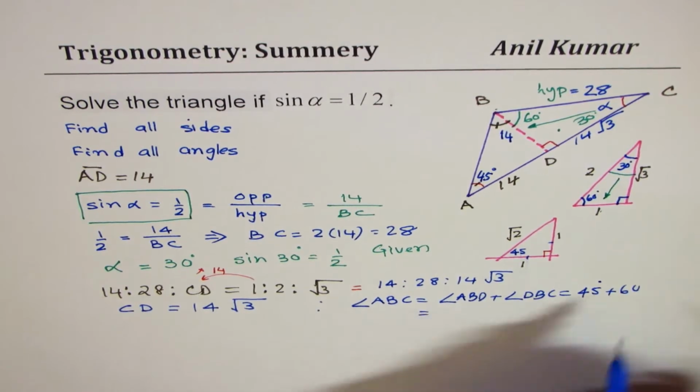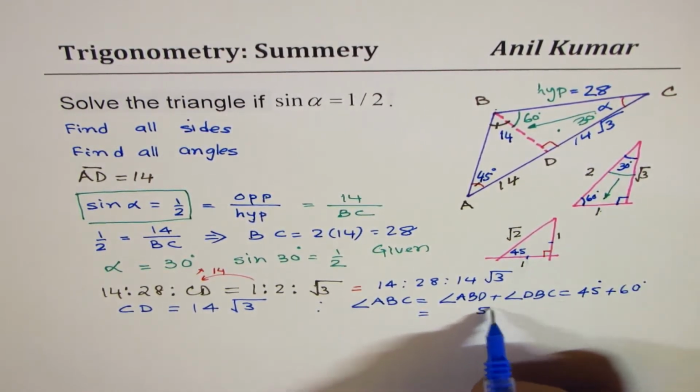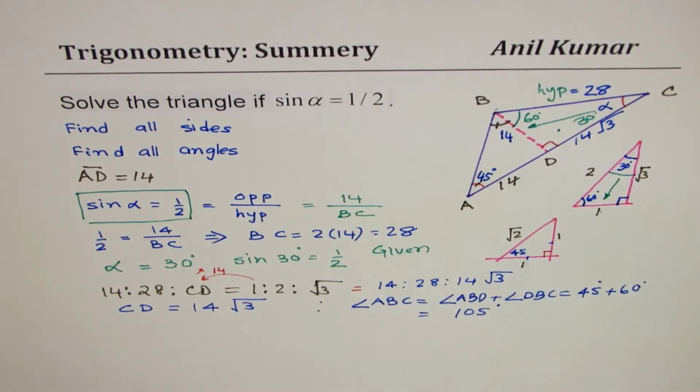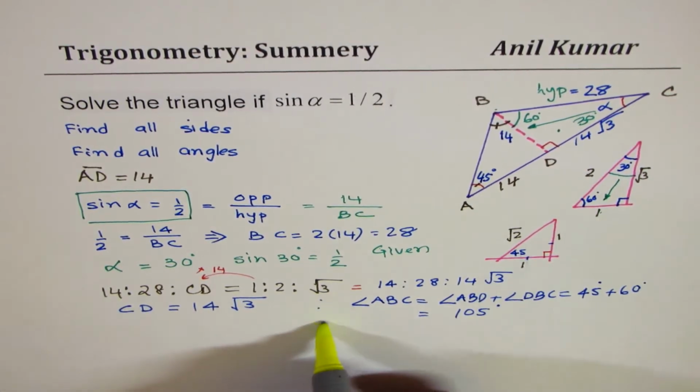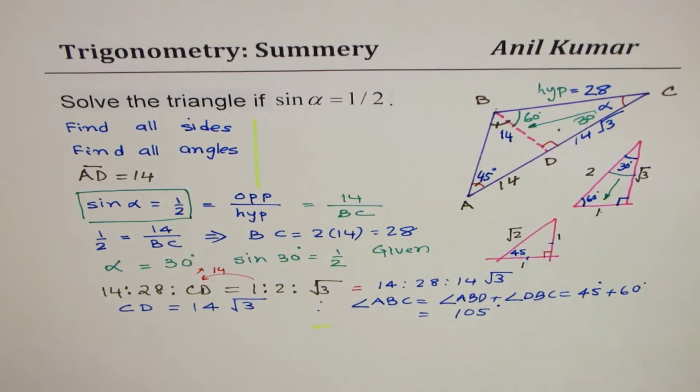Does that make sense to you? So it is 45 plus 60, which is 105 degrees. So angle B is 105 degrees, correct? So we get all our solutions here. I hope that is straightforward and simple.